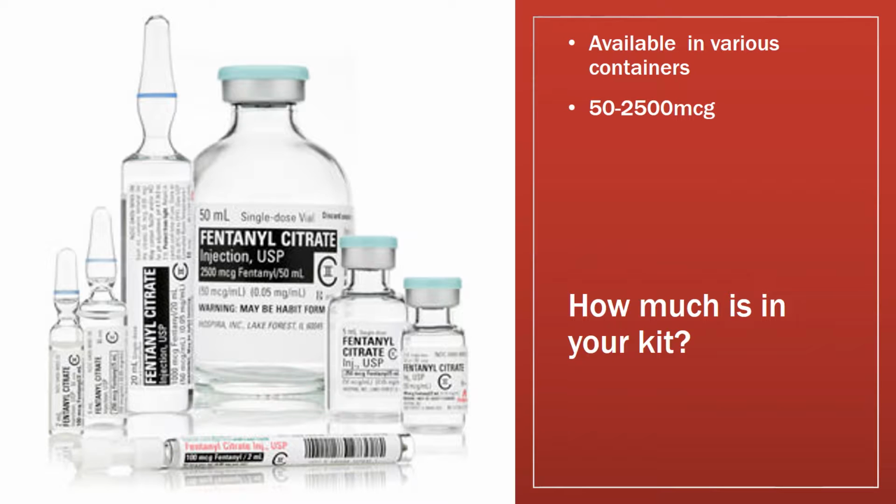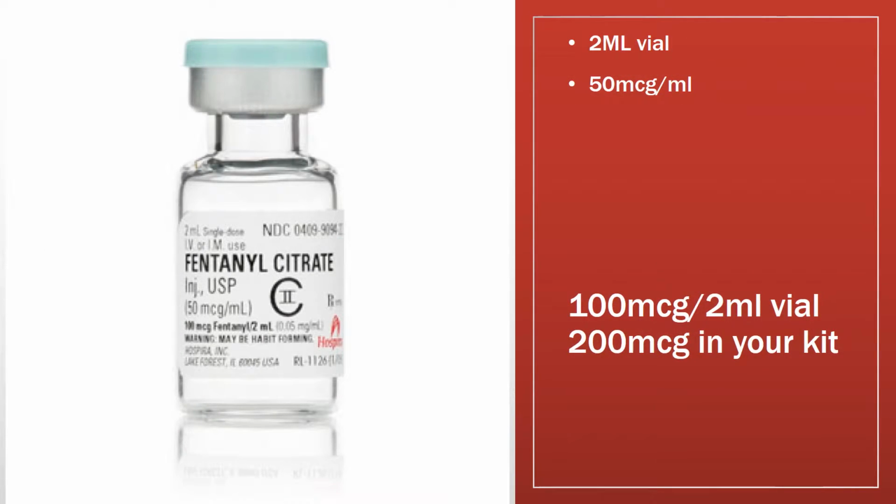In our agency, we carry the 2 mil vials, and there's 50 mics per mil, so there's 100 mics in each mil, so obviously that's going to give you 200 mics in each 2 mil vial. Like I said, that's going to be kind of agency specific.